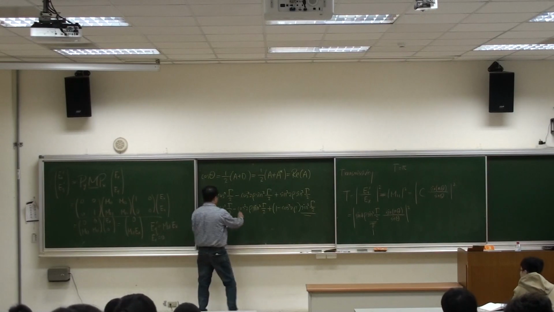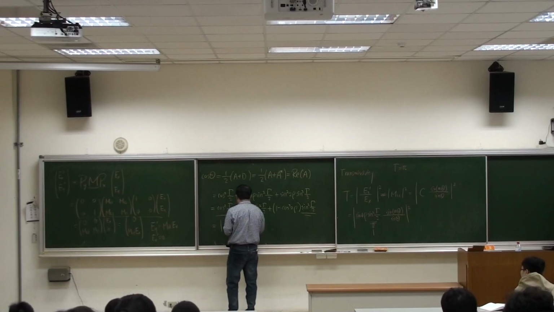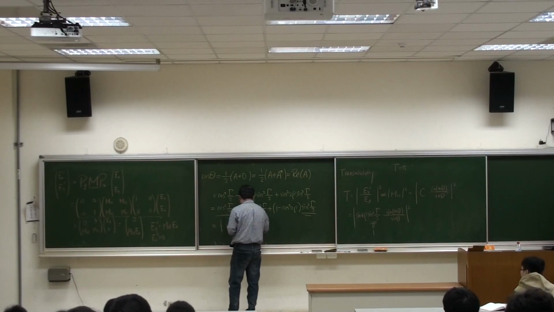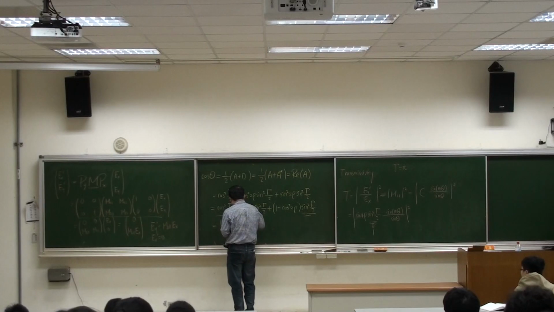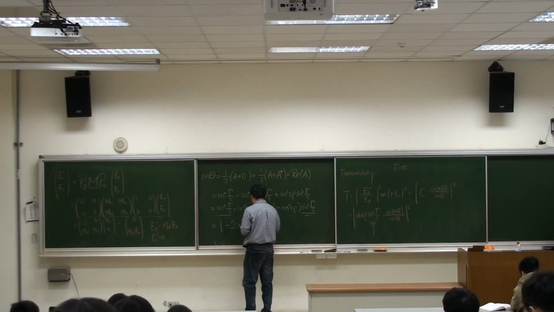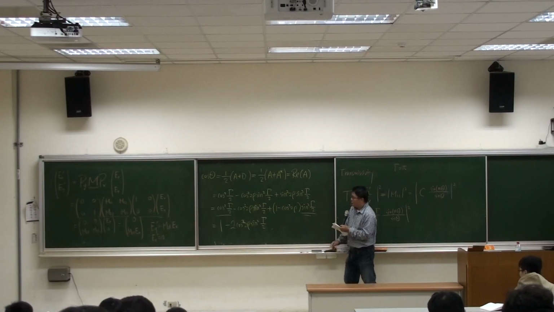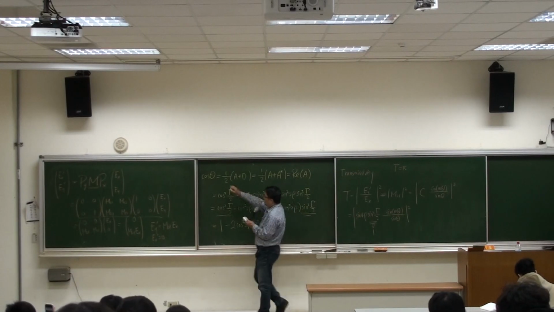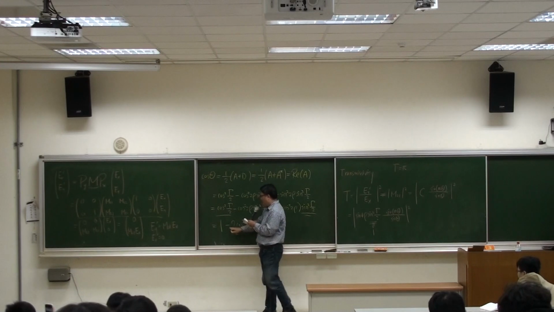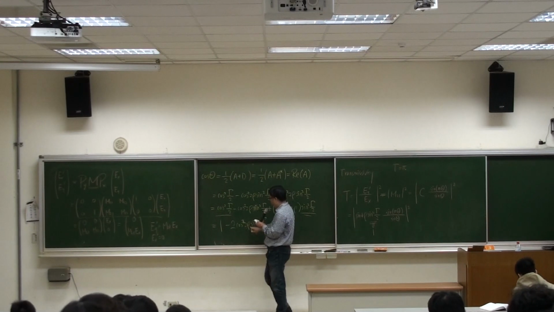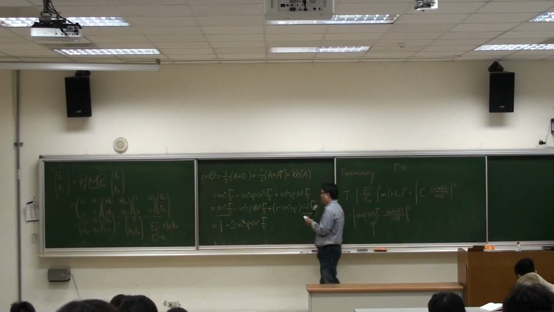And then we have minus 2 cosine square 2 rho times sine square half gamma, okay? So you see that now cosine theta is equal to 1 minus 2 cosine square 2 rho sine square half gamma.